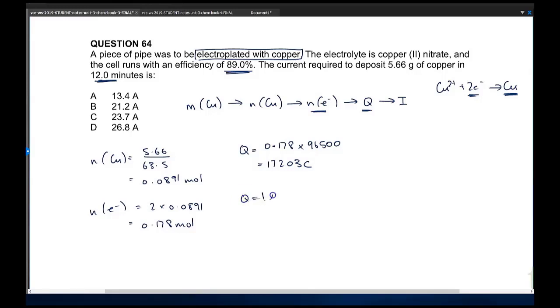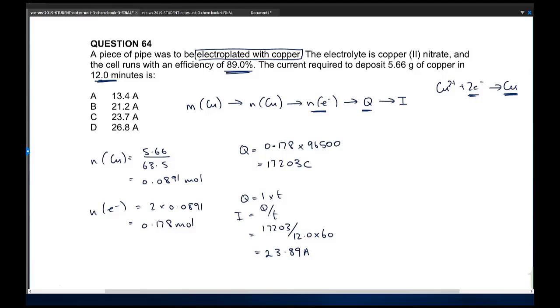Then Q equals I times T. So I equals Q divided by T, 17203 divided by the time. The time has to be in seconds. Gives me 23.89 amps. Okay, and then we have to take into account the 89% efficiency.